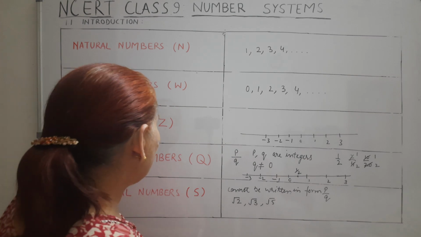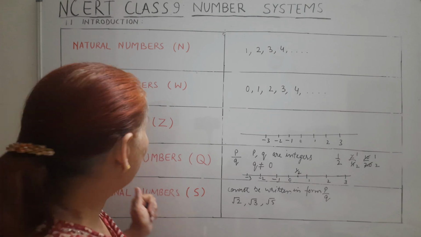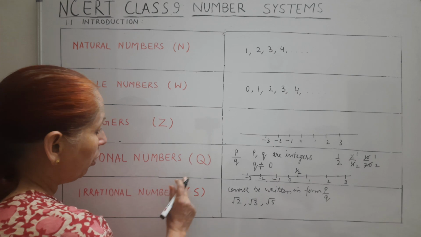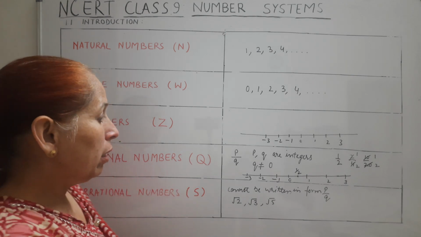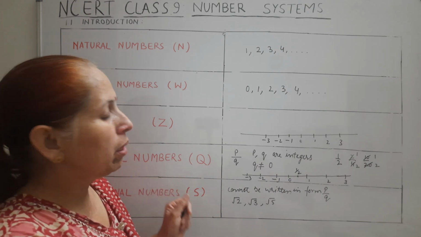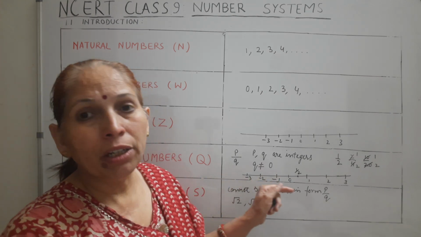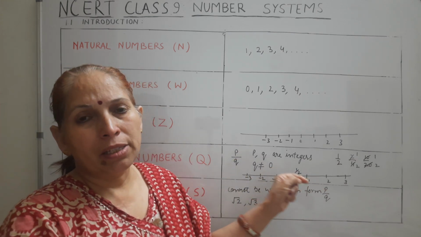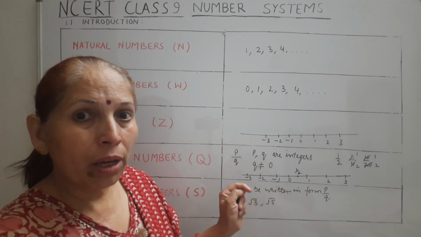Both rational numbers and irrational numbers are called real numbers, and the real numbers are denoted by R. Any number, whether rational or irrational, can be represented on the number line by a unique point, or we can say any point on the number line could be either a rational number or an irrational number.